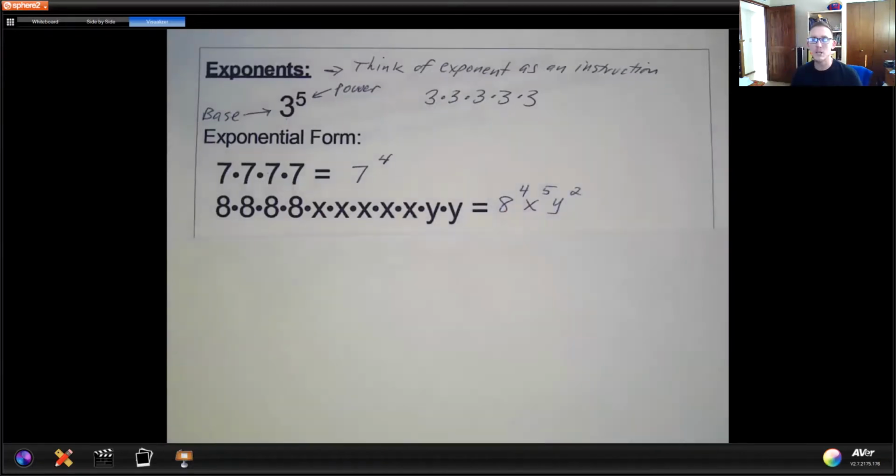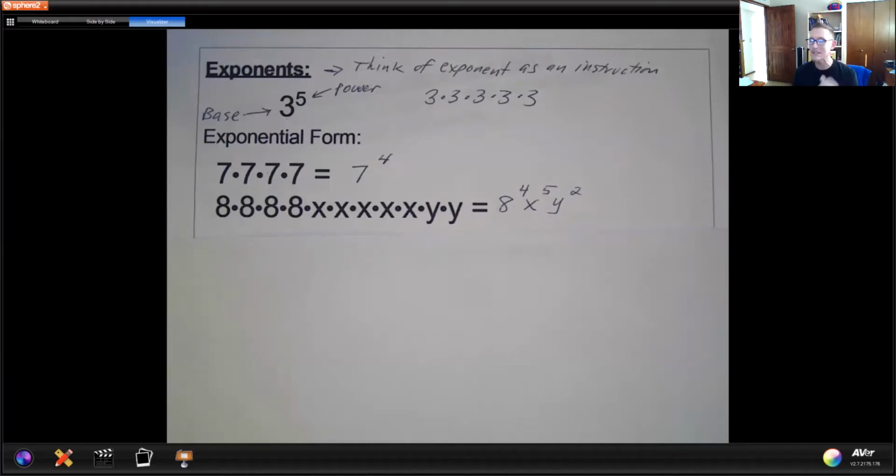You'll notice when dealing with exponents and variables, or variables and what we call the coefficient, the number in front, when we have them all touching, that means multiplication. We can separate them with the dot, or we can just have them all multiplied together. Okay, and then remember, parentheses touching parentheses also means multiplication. Okay, so exponential form here.